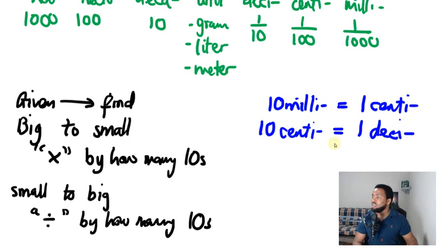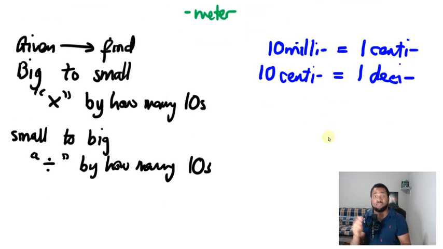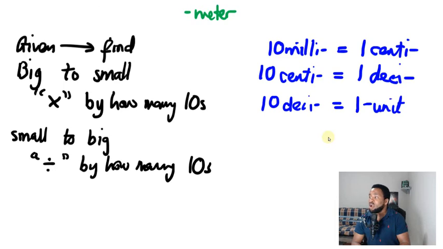And next here is from deci to a unit, we need what? 10 deci units to give me 1 unit. Take note that our unit here is our suffix, so it could either be grams, meters, or liters. And so please keep that in mind.